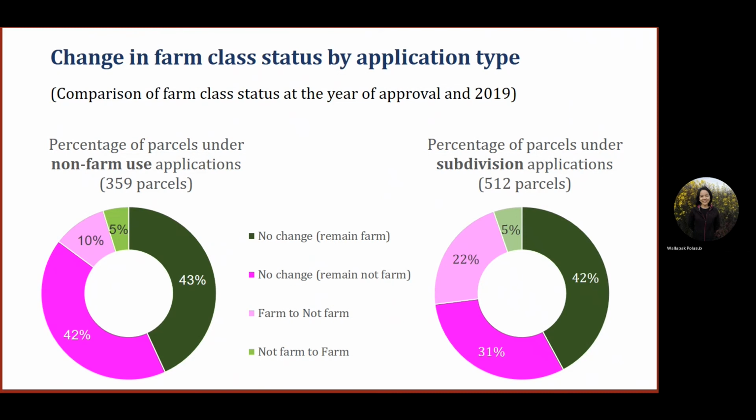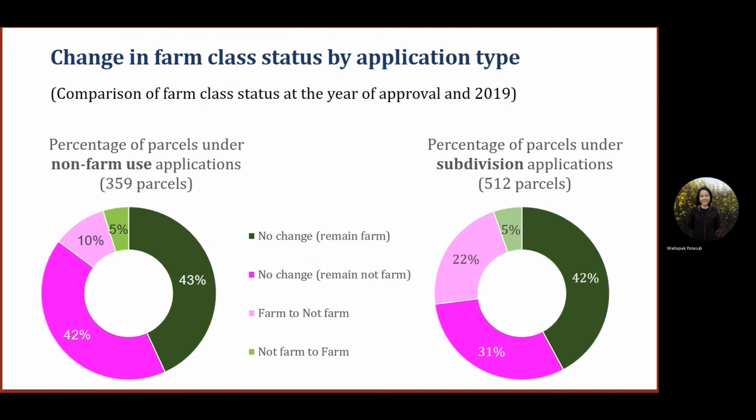The light pink and the light green represent a change. The light pink represents a change in a somewhat worse way, because it used to be farm and now it's not farm. The light green represents a change in a better way: it used not to be farm and now it's farm.